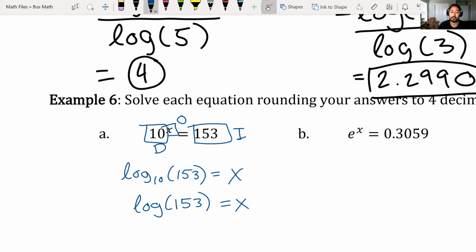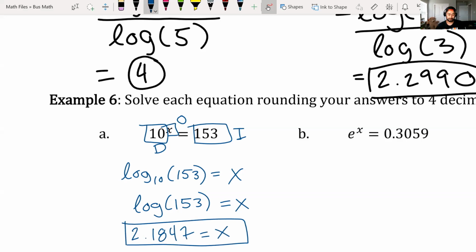So now all I have to do in my calculator is hit the log button, type in 153, hit enter, and bam. There you go. Just like that. I think it's at 4 decimal places, so this is 2.1847 equal to x.